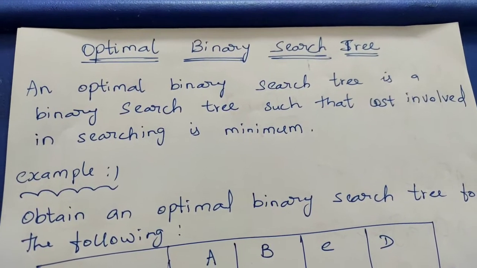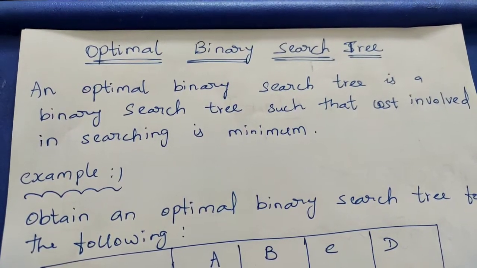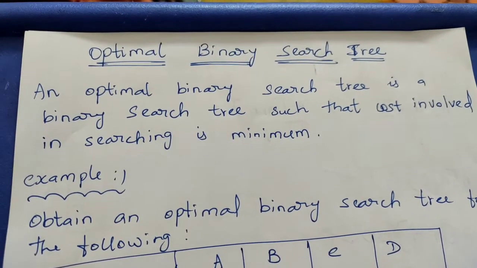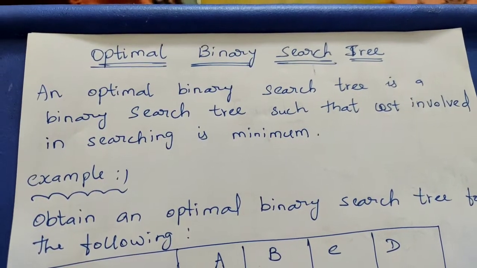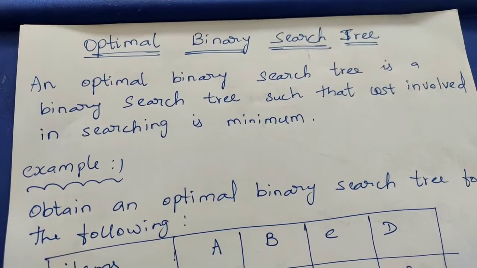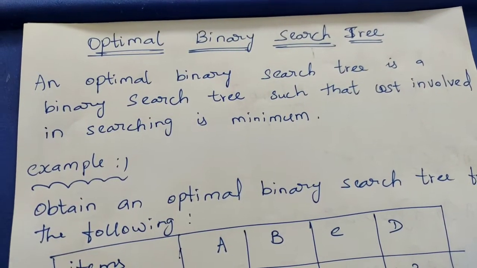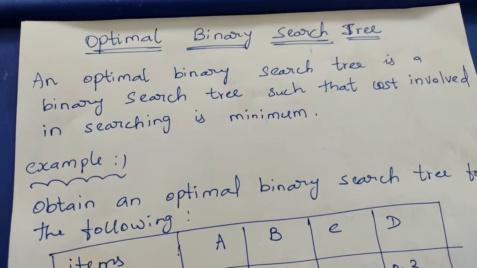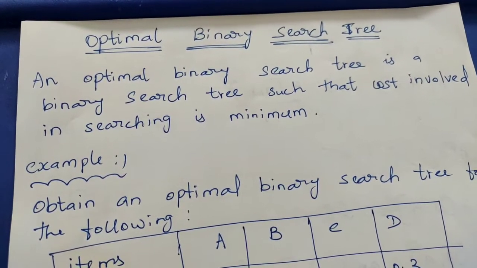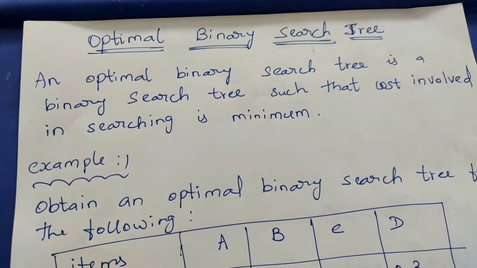That is, you need to construct a binary search tree such that when you try to search for some node in the binary search tree, the cost for searching a node in the constructed binary search tree should be minimum.